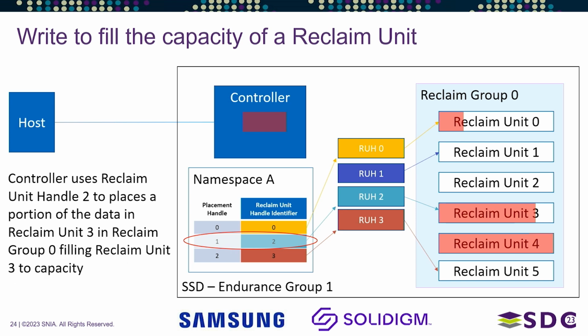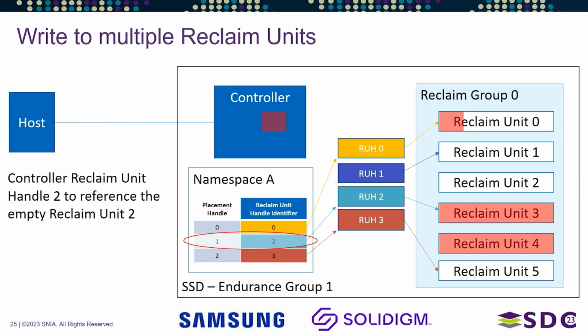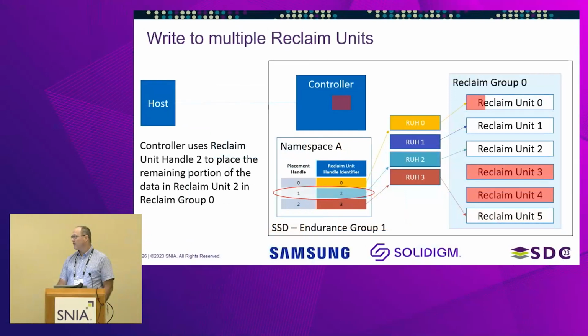And in this particular case, we realize that it's a big write, so it's going to fill 1 to capacity. So the RUH2 goes in and fills up reclaim unit 3. The controller is going to update to a new reclaim unit and complete the write. This is something you couldn't do with ZNS.